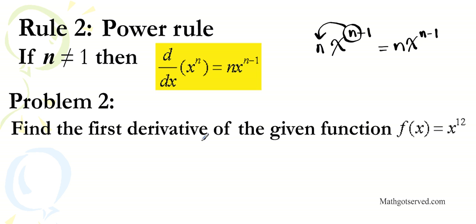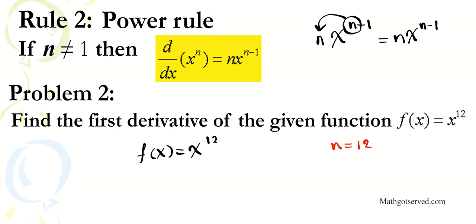All right, let's apply this power rule to this problem right here. It says find the first derivative of the given function f of x equals x to the 12th power. You can see in this case that n is equal to 12 because that's the power x is being raised to.